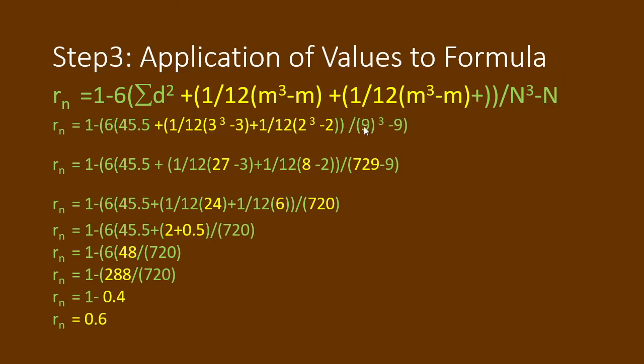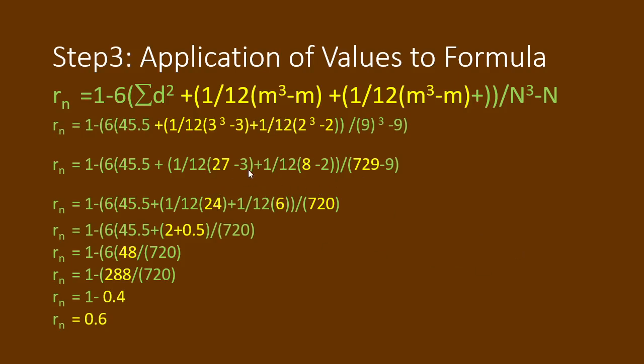Here number of observation is 9. So here I'll simplify this one. 3 cube minus 3. So here 3 cube means 27 and here 2 cube minus 2. 2 cube means 8. So 9 cube means 729. So further simplification.